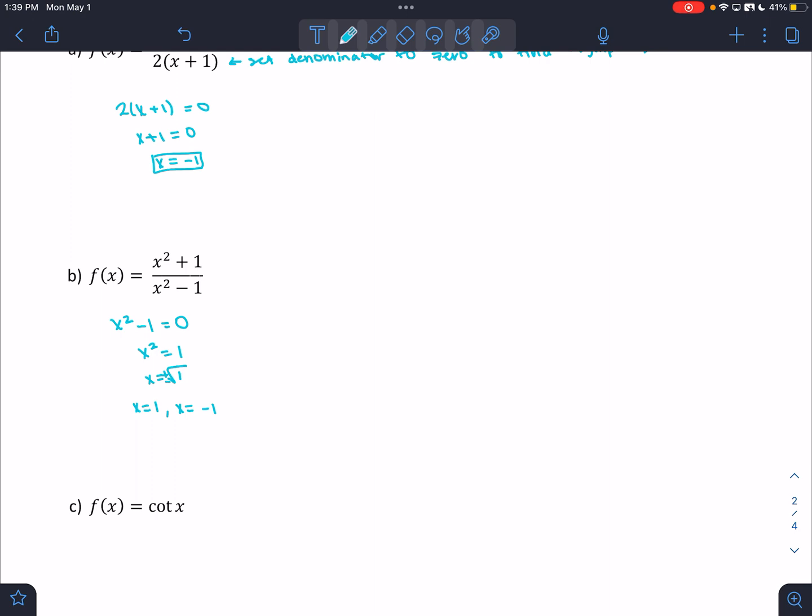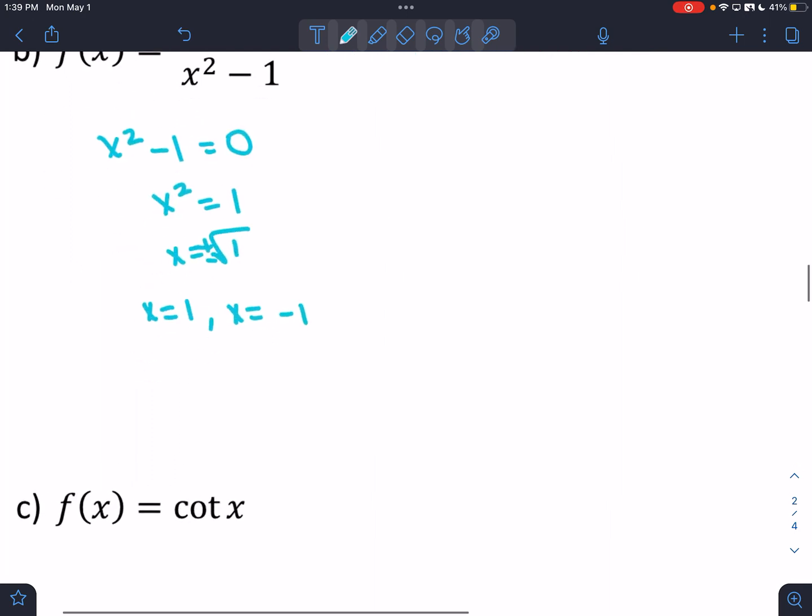No, because it's x squared plus 1, you're adding to it. If it was x squared minus 1, we could talk about it, right? Because then they'd be the same. But because it's plus 1, if you plug in, say, a 0, you're going to get 0 plus 1, still positive. If you plug in a negative 1, you're going to get 1 plus 1, which is positive 2, right? So x equals 1 and x equals negative 1 are both asymptotes. And I am going to make a little note here so that you think to check that.